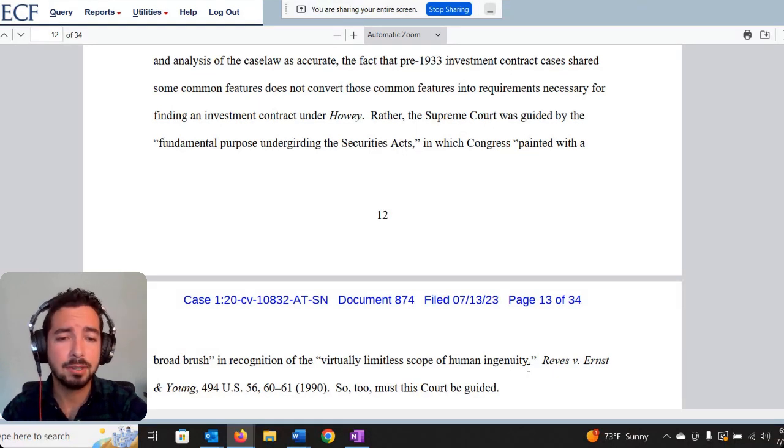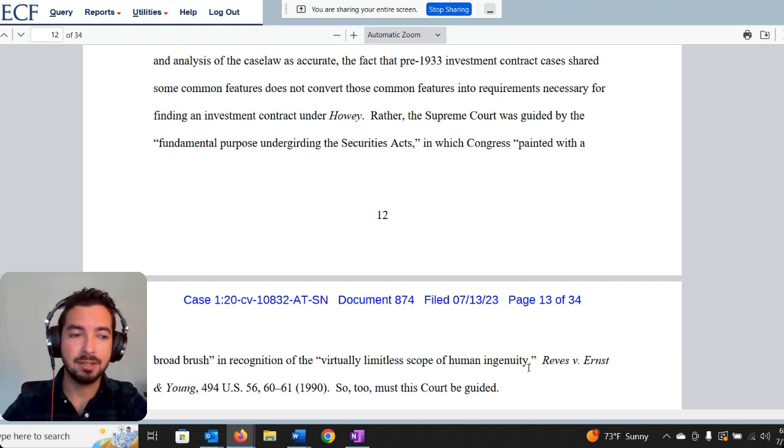I hate it when courts talk with flowery language like this, but what is going on here is the Supreme Court is saying that Congress intended for the Securities Act to be broadly interpreted and applied to a lot of different things. So we didn't want a bright line test where, if you do X, it's a security, if you do Y, it's not a security, or if you don't do X, it's not a security.